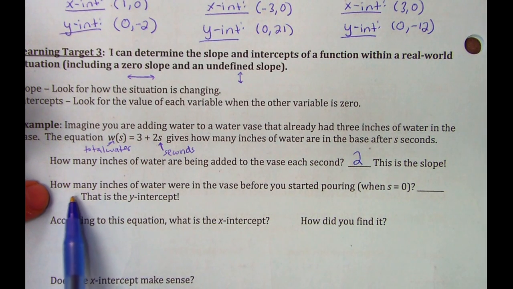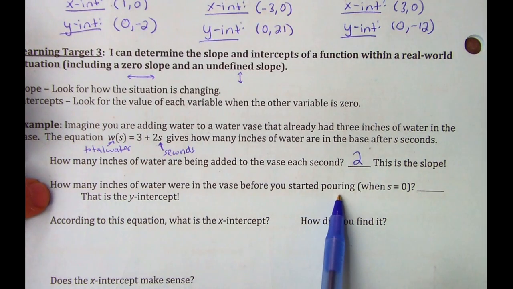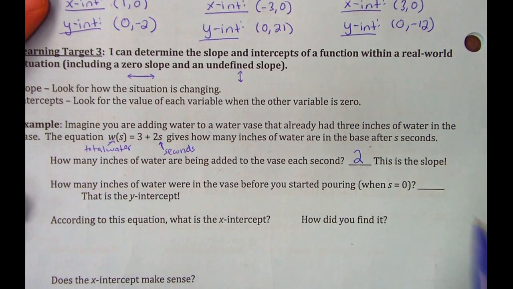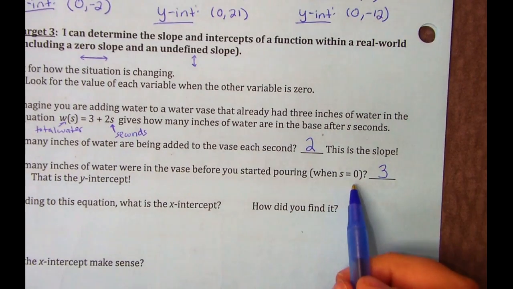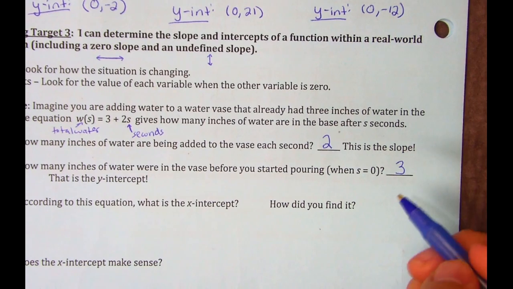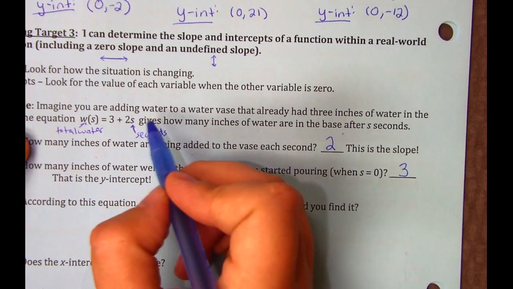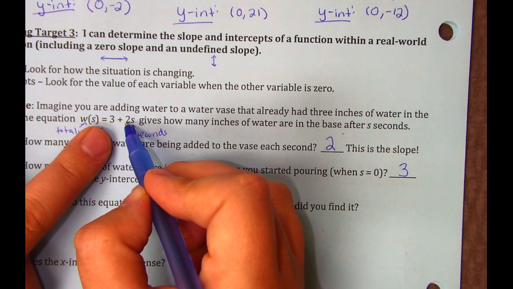Now next, how many inches of water were in the vase before you started pouring? So that would be 3. We know that because before we started pouring, it is at 0 seconds. So at 0 seconds, we put a 0 in there, that would be gone, and so it would be 3.